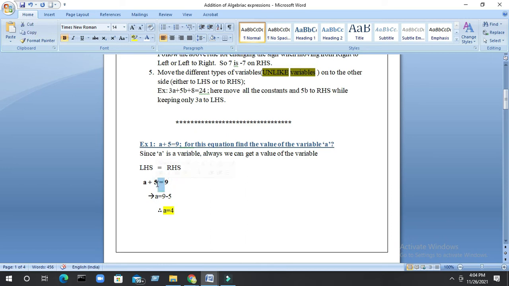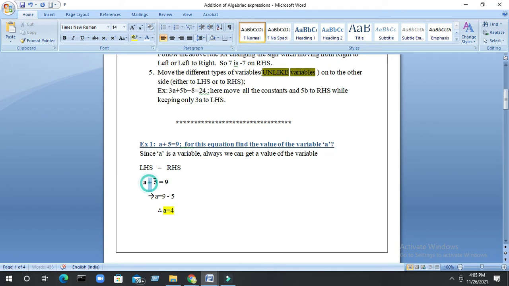If you observe, the equal sign is a bridge. What we have to move from the left hand side to the right hand side is plus 5. Why? Because we are keeping the variable which we have to resolve, that is a, on the left hand side, and the rest we are moving to the right hand side. When I am moving plus 5 to the right hand side, the sign is getting changed.